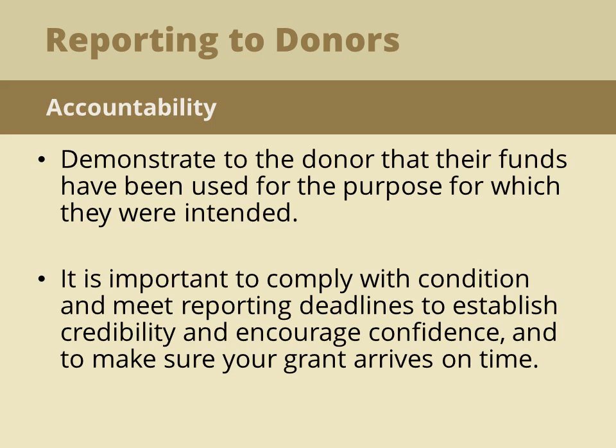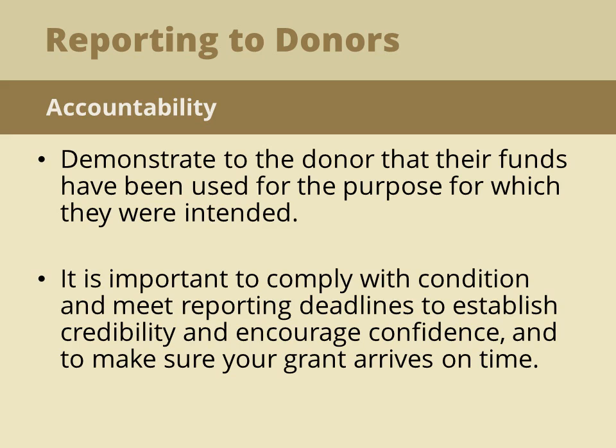It is worth remembering that donor agencies are themselves accountable to stakeholders, trustees, government, taxpayers, etc., and they rely on you to provide them with the information they need. Financial accountability requires that you demonstrate to the donor that their funds have been used for the purpose for which they were intended.